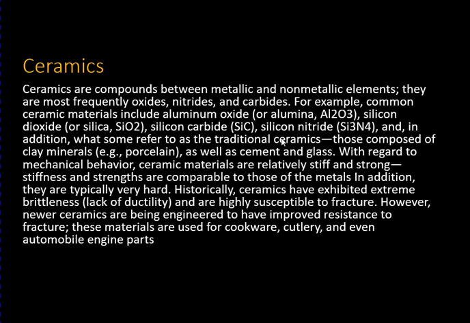Most materials known as traditional ceramics are those composed of clay minerals, e.g., porcelain, as well as cement and glass. Both cement and glass, which people refer to as traditional ceramics, belong to the category of ceramics. So they are all ceramics, found between the metals and non-metals.